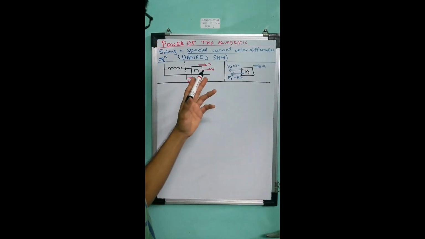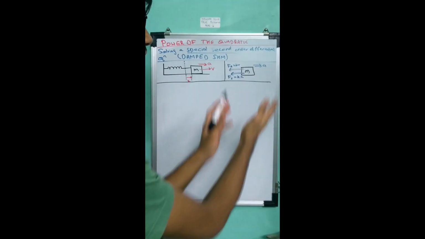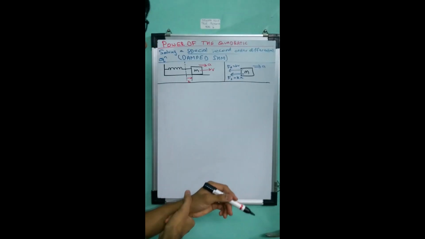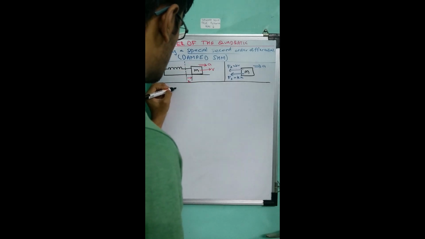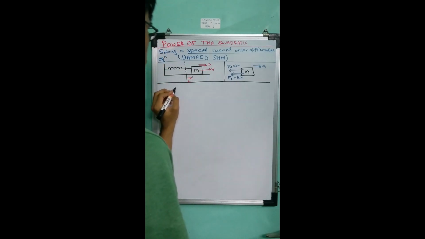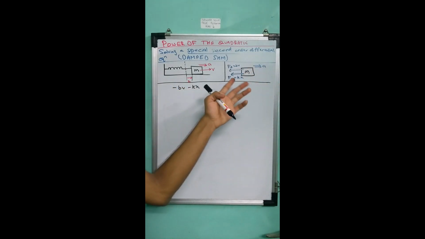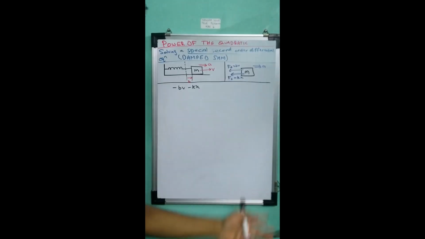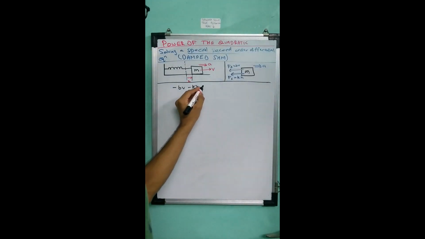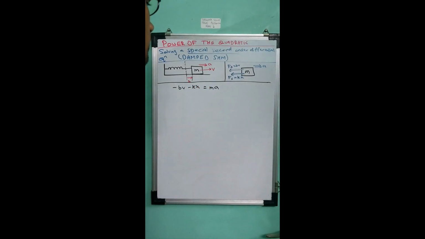So here's the diagram, and these are the forces in the x direction, these two, right? So by applying Newton's second law, we'll get the net force, which is minus bv minus kx, minus because the direction of these forces is opposite to the acceleration. So that's why I've done that. This is equal to m into a.